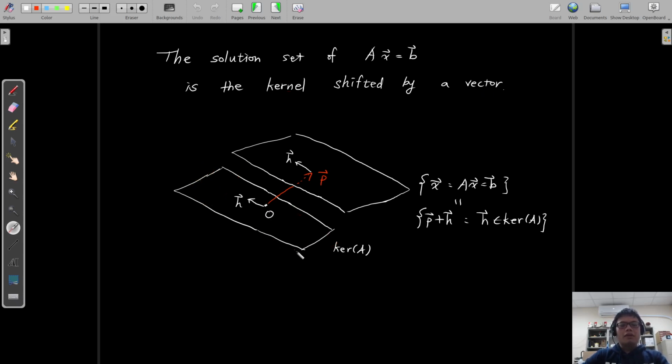It is all the vectors h with Ah = 0. Whenever you have a particular p, this A times p is equal to b, it is a solution. So whenever you add h here, p + h is a solution. You have another h, p + h is another solution. So basically, you have all the kernel here, and then you shift by p. This is the shape of the solution of Ax = b.